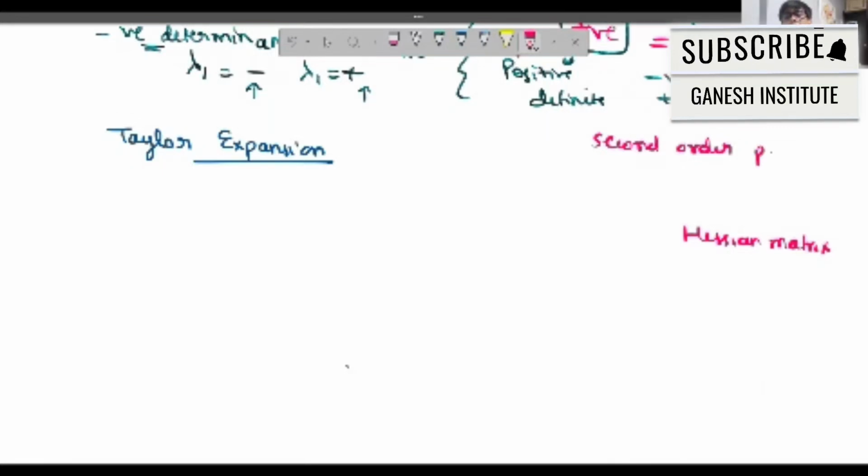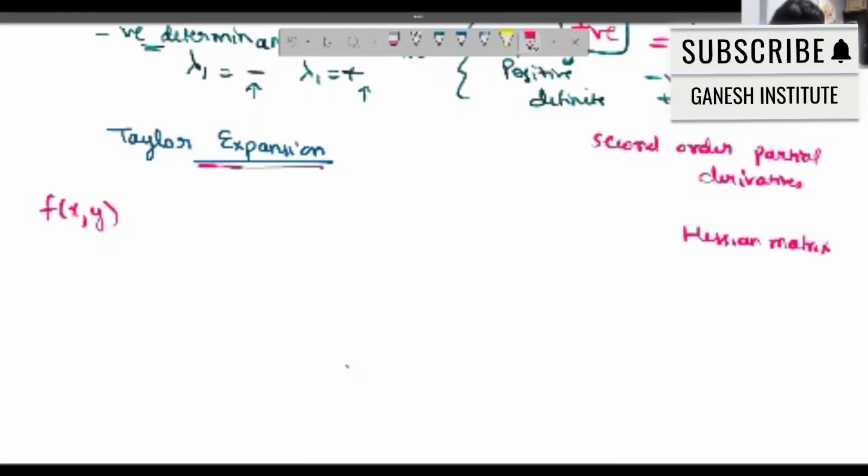So we are doing Taylor expansion for the Hessian matrix.